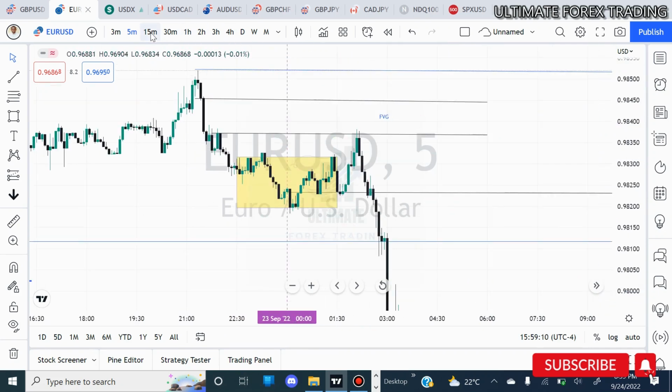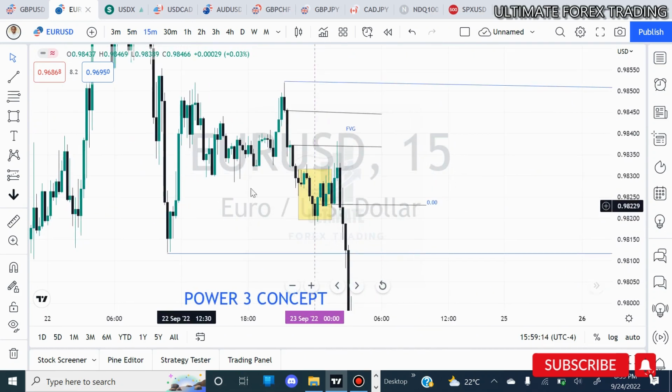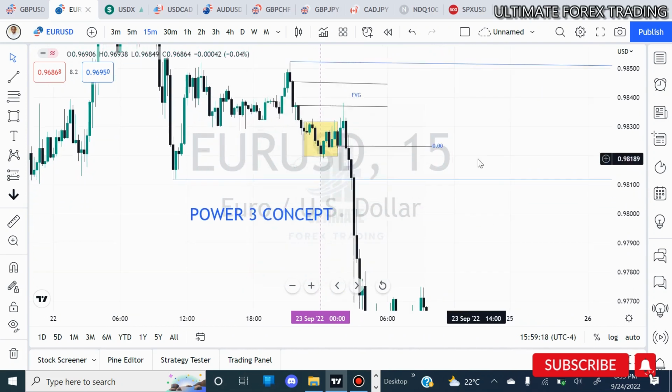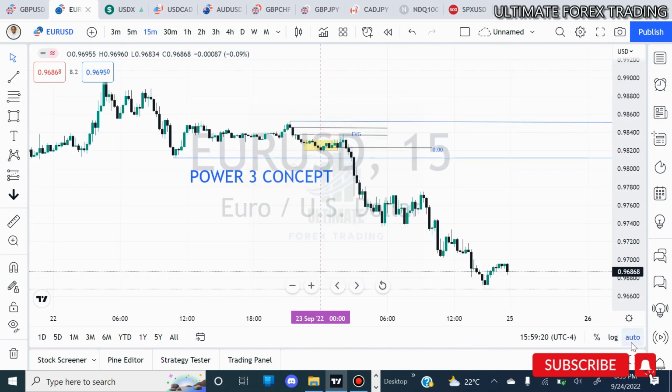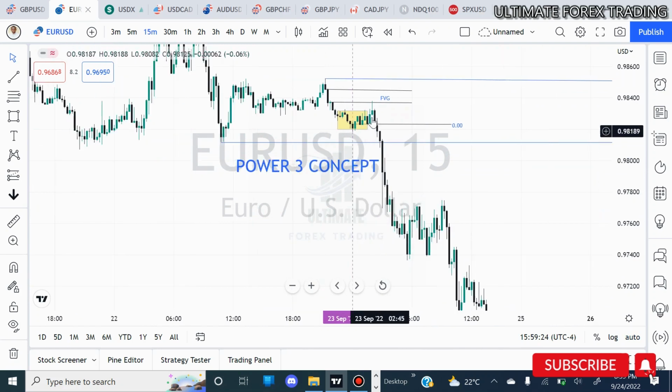As I've told you, most of the time you will get second entry, but not all the time. And some of the times also, if you know that you are trading per tree concept, price doesn't have to break the opposing market structure for you to start looking for second entry. I was targeting this fair value gap for second entry.